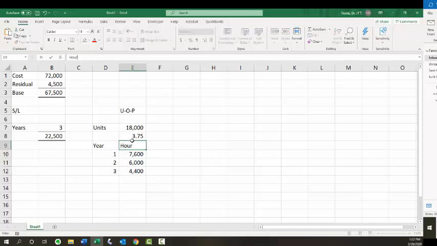So these are hours. The rate is this, and the depreciation is multiplying the hours times the rate.